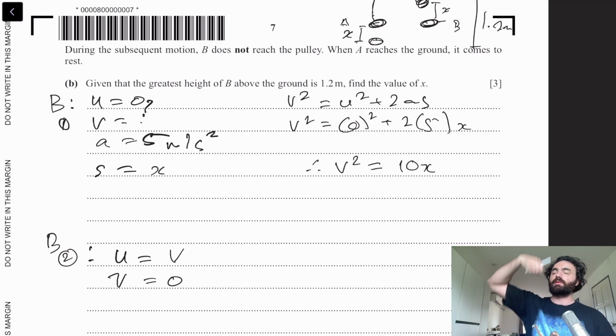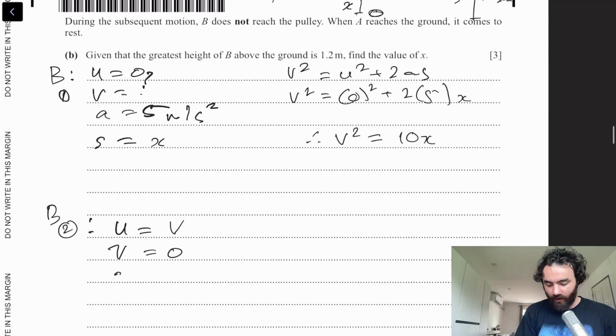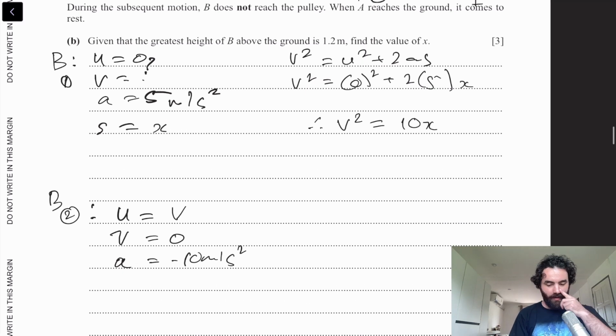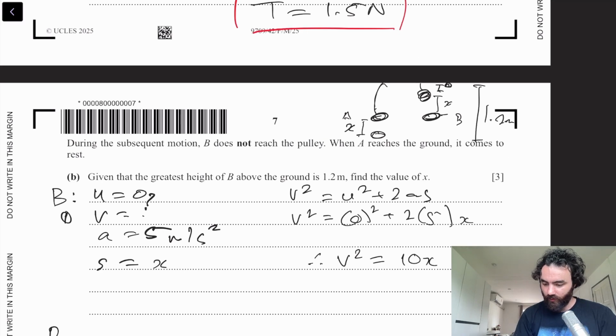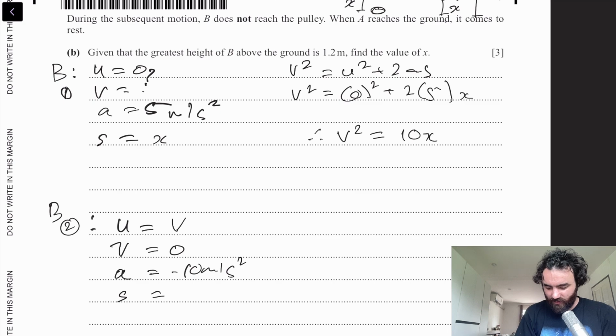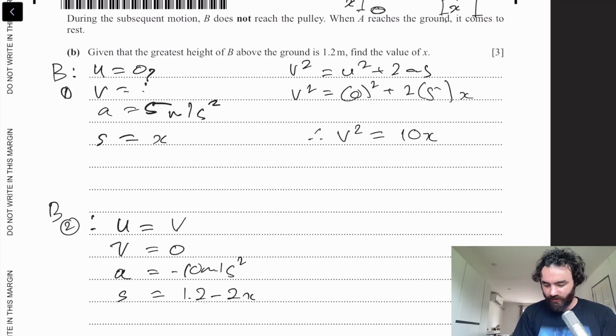It goes like a parabola, a trajectory, it goes up and it's not moving. In that part, our acceleration is minus g, or minus 10 meters per second squared. And the distance traveled will be this 1.2 minus 2x, because it's x as well. Does that make any sense? So 1.2 minus 2x.